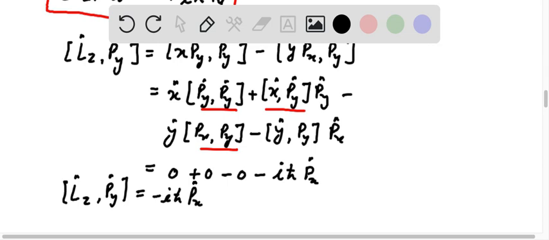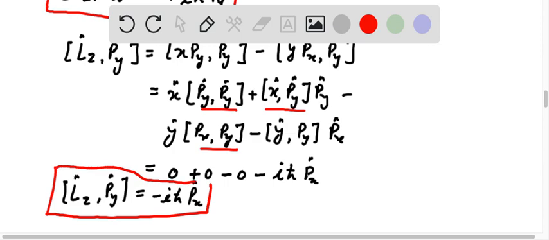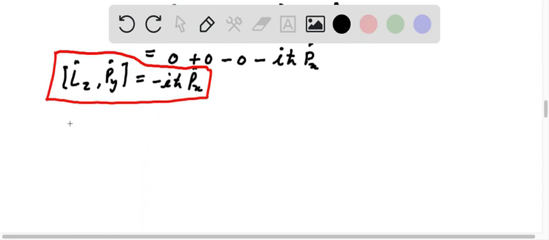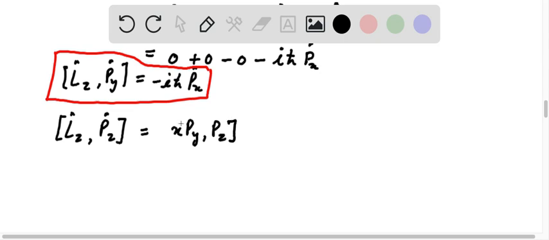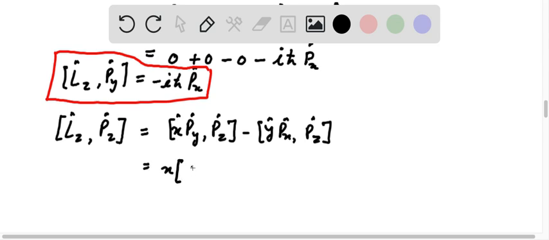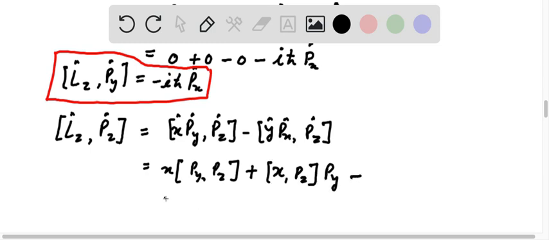Now the next part is Lz with pz. It is x py pz minus y px pz, which is equal to x py pz plus x pz and py minus y px pz minus y pz and px.